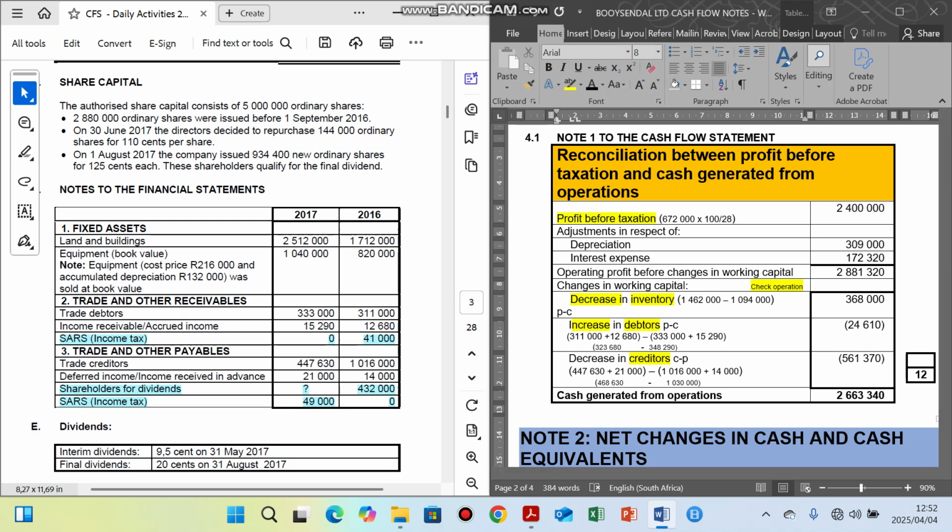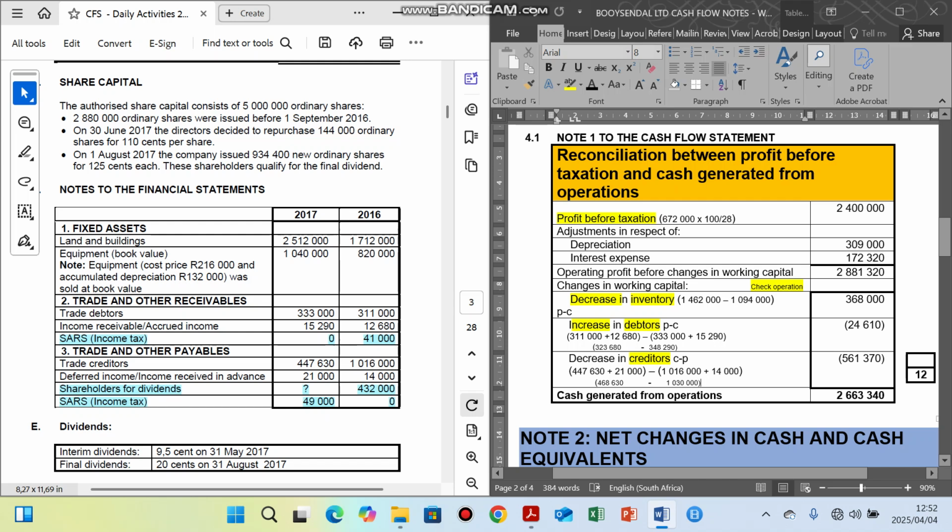This year, we are owing our creditors 468,630, while last year we owed them around 1,030,000. So we paid them this year. That shows an outflow. Then what do you do to get changes in working capital?